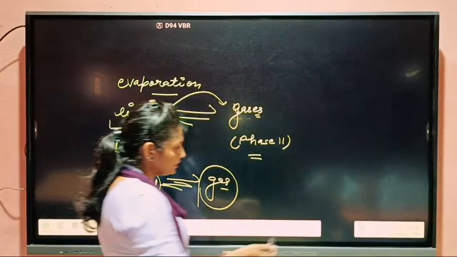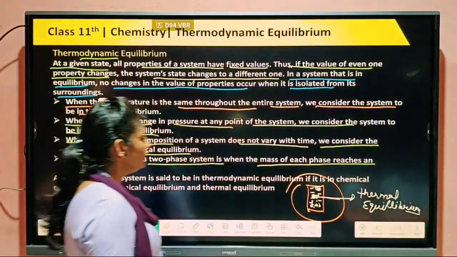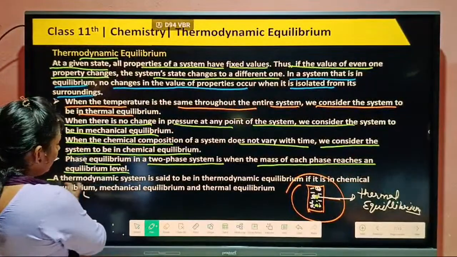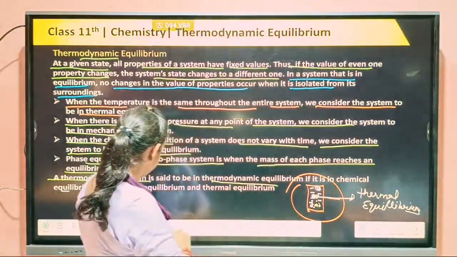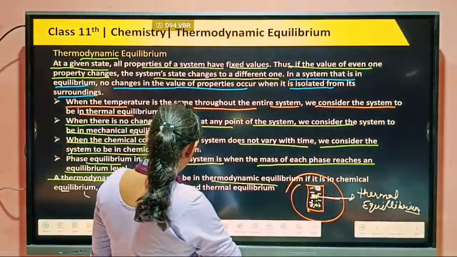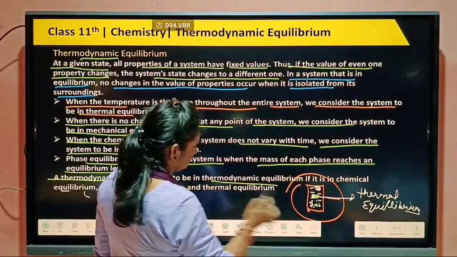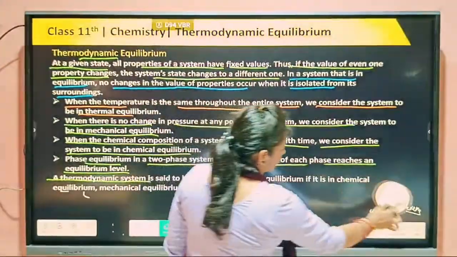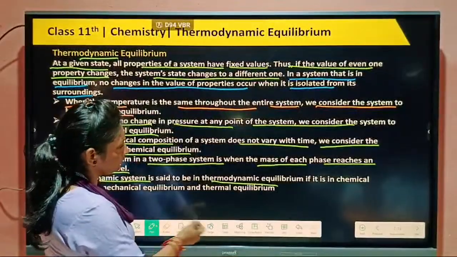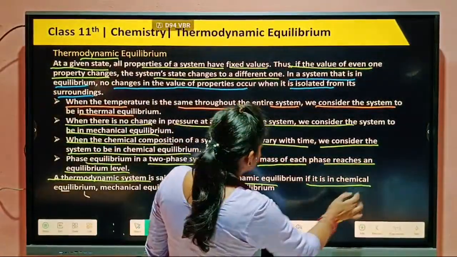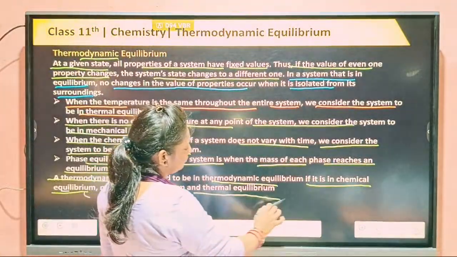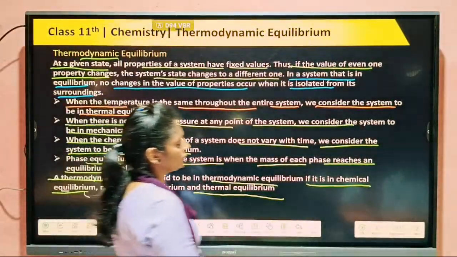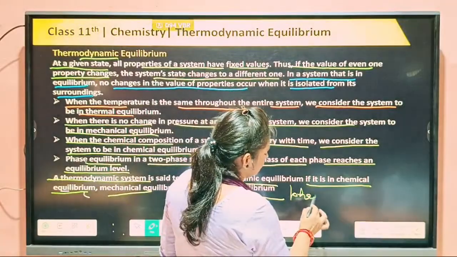Yes. So students, a thermodynamic system is said to be in thermodynamic equilibrium if it is in chemical equilibrium, mechanical equilibrium, thermal equilibrium, and phase equilibrium also.